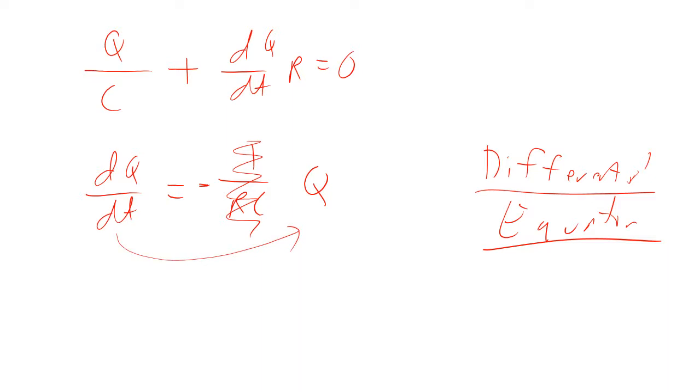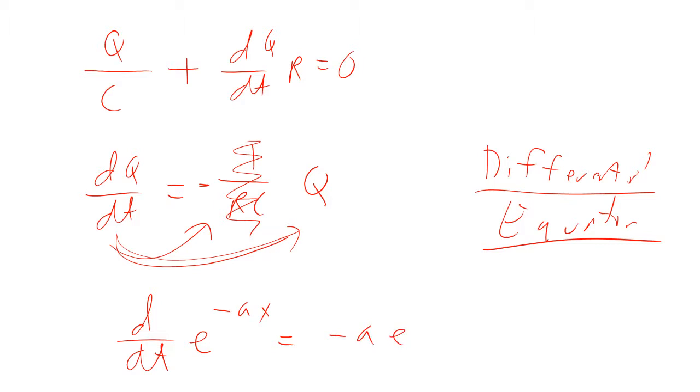Well, that would be like an exponential function. What can I think of where the derivative gives me a negative of what I started with? That would be e to the negative something. Does it make sense? So the derivative d/dt of e to the minus ax equals minus a times e to the minus ax. Well, that right there is going to be the 1 over RC.